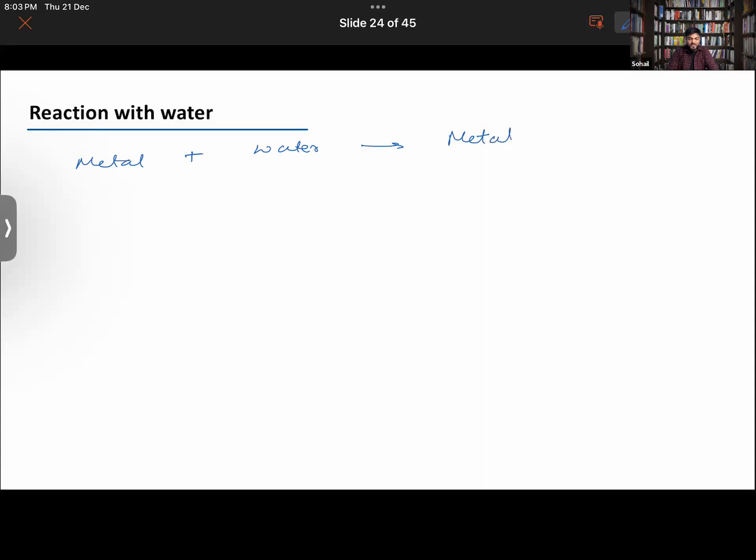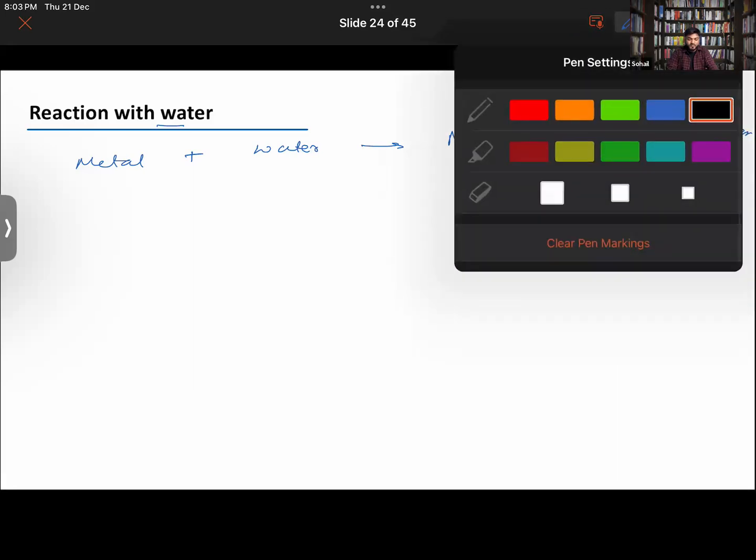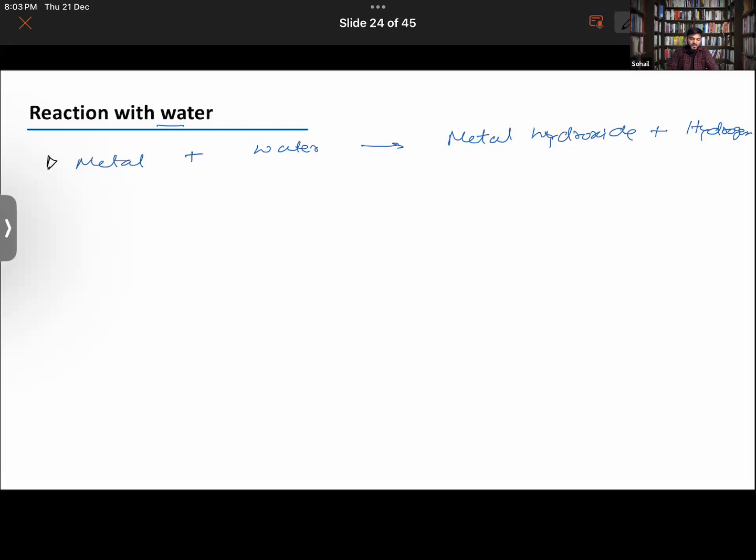Until now we were talking about metal oxides, but since it is a reaction with water, and the hydro term basically refers to water, it is now called metal hydroxide plus hydrogen gas, plus a pop sound.